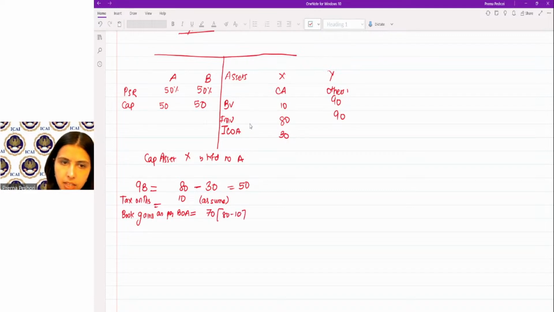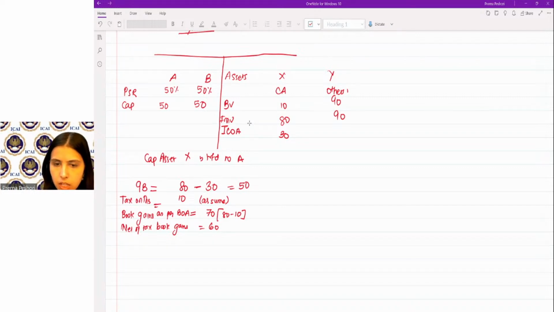In the books of accounts, we don't consider indexed cost. We generally calculate profit how? Sale minus cost. Correct? Net of tax book gains will be what? 60. 70 minus 10. Right? So this will be my book gains. My 9B is 50. My book gain net of tax is 60.